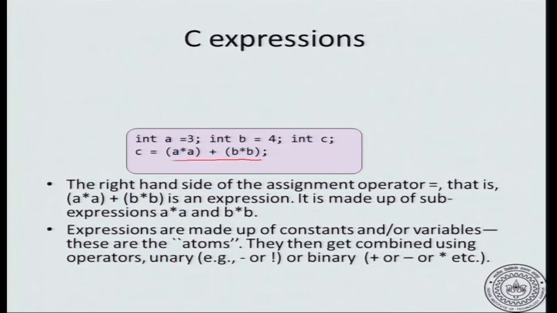So an expression can be made up of variables, it can be made up of constants. These are the atoms or the basic components of an expression, and sub expressions can be combined into bigger expressions using operators.